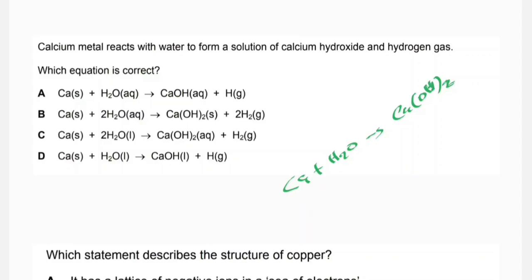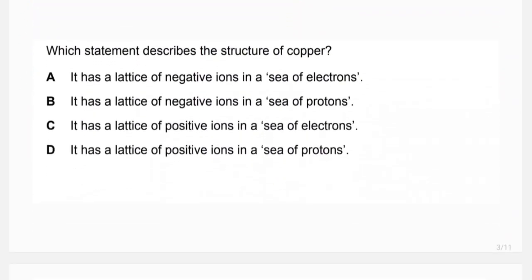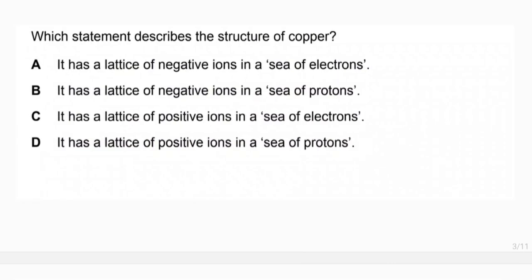We often miss out this 2 and go for the other option, but make sure you have that because calcium is 2 plus, it's a group 2 metal, so hydroxide, right? Now you have to have 2 oxygens, so it should be 2 H2O, and hydrogen should be 2 plus 2, 4. 2 H2O gives 4 hydrogens, so it has to be 2 H2O and just 1 H2. C is the answer. Which statement describes the structure of copper?